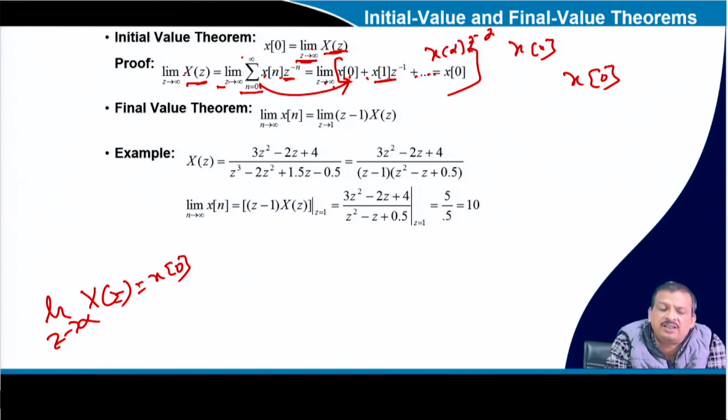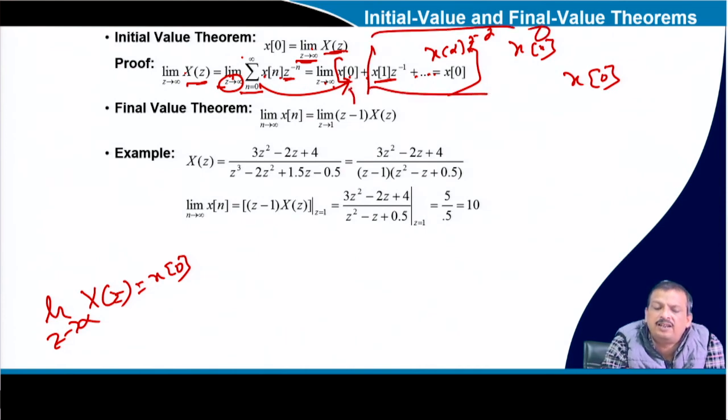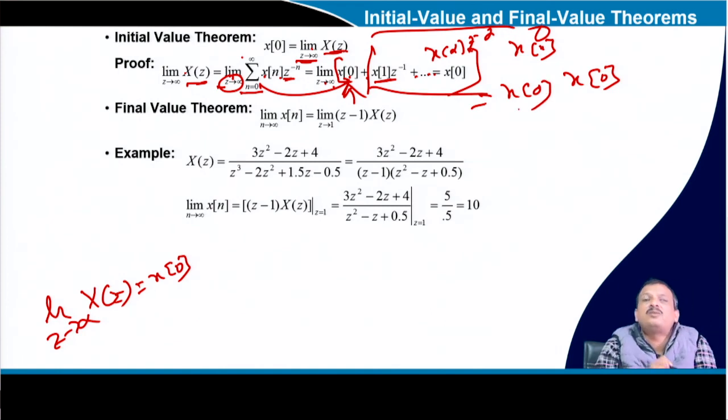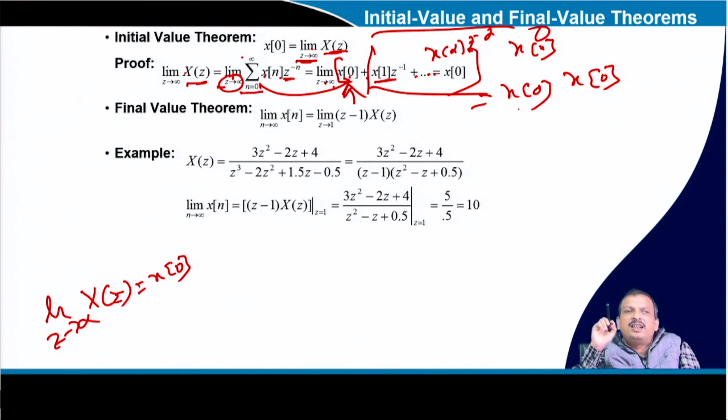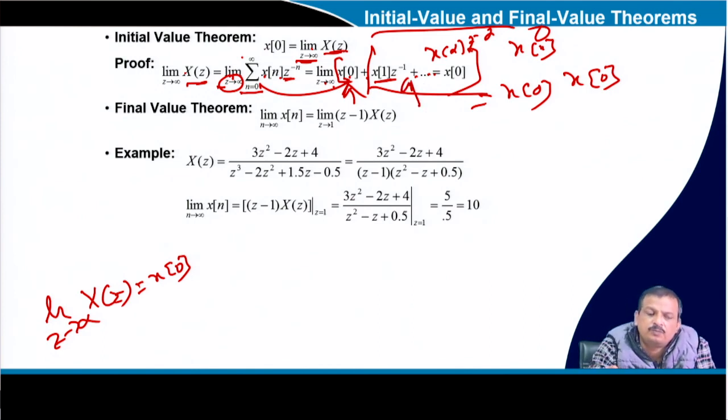Now, when I put the limit z to infinity, those portions become 0, and only x[0] exists. So, that is why the initial value theorem says that if I know the z domain representation of a signal or system, then by putting the limit z tends to infinity on that z transform, I can estimate the initial value of the signal, x[0]. This is the proof.